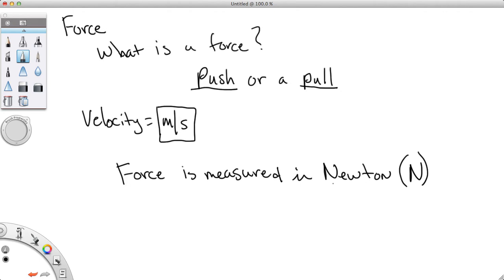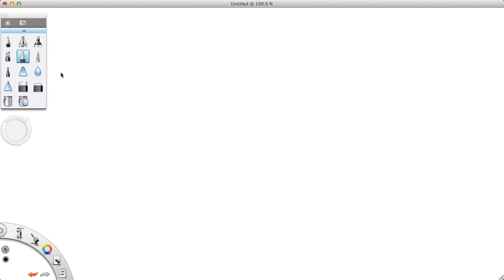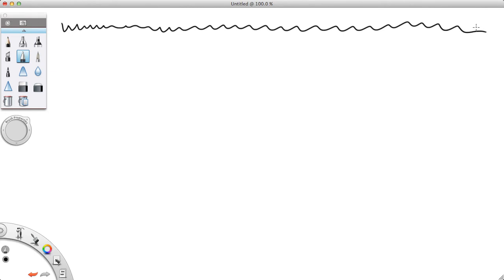So here are some examples when force is occurring. When you're sitting there doing your schoolwork and your pen or pencil is taking notes, kind of like I'm doing here, just drawing this squiggly line, my hand is actually adding force to the pen or pencil in order to make that line.